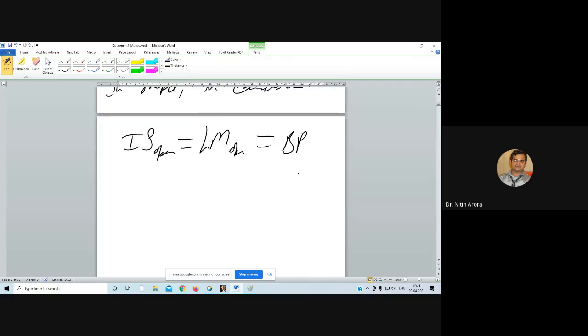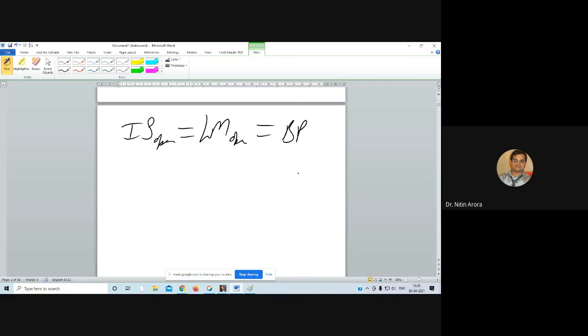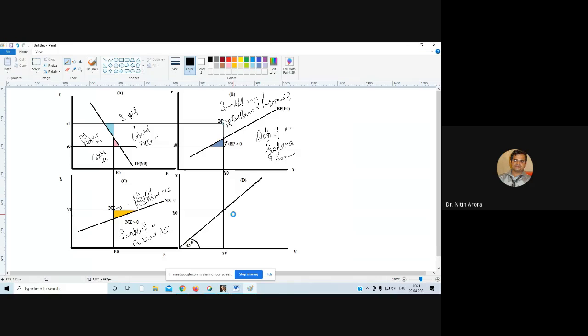Now, diagrammatically, how to derive the equilibrium?